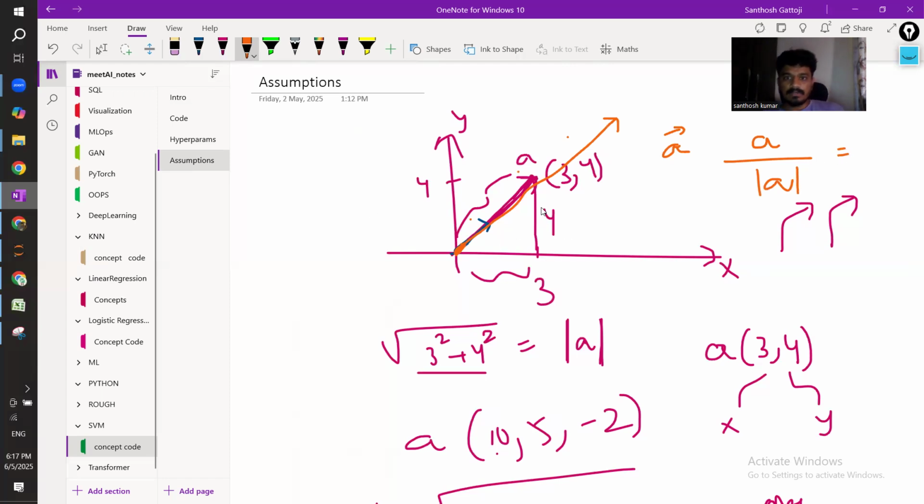Why? Simple. For example, what is the equation of A? A is 3 comma 4. Now, if you divide this 3 comma 4 by the magnitude of A, what is the magnitude of A? What is the formula for the magnitude of A?